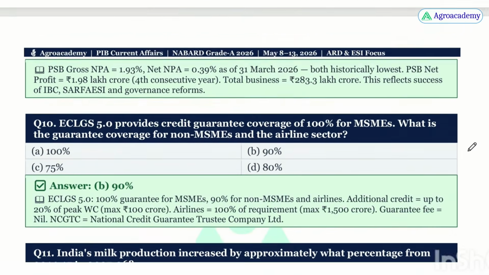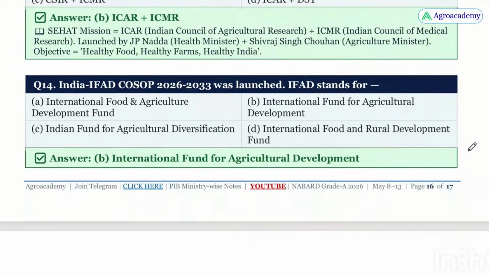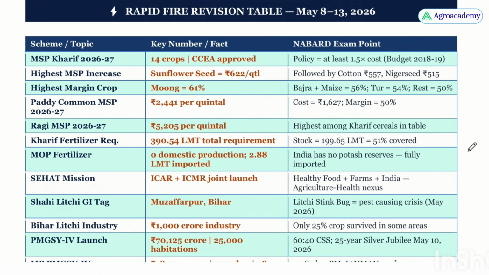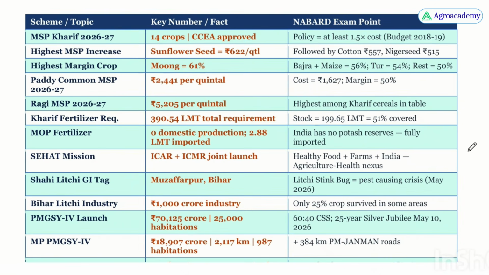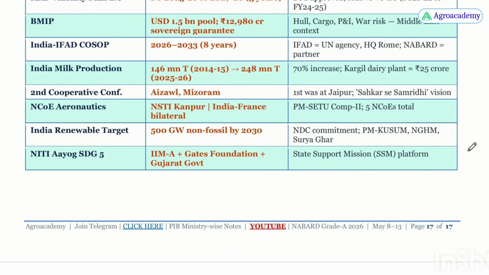And in the last, we have added the rapid fire revision table. The information is noted down very briefly, in bullet points, in tabular format. This will help you to revise in a faster way.